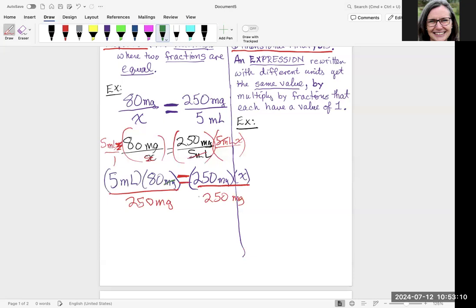And then these units reduce. 250 divided by 250 is 1. So on the right side, I'm left with x. And on the left side, I have 5 milliliters times 80 divided by 250. Plug that all into a calculator.